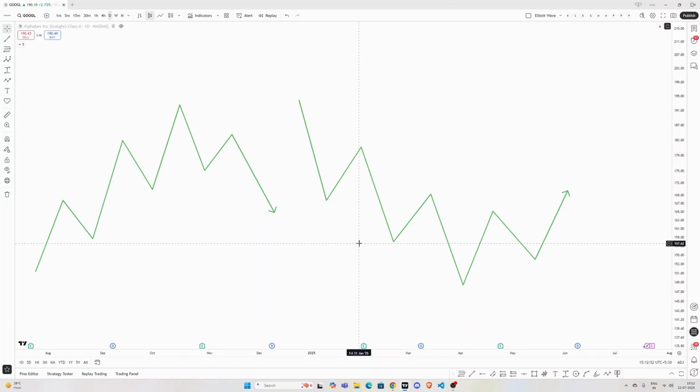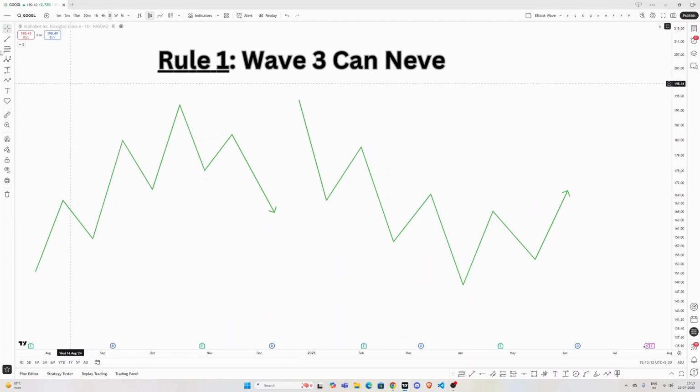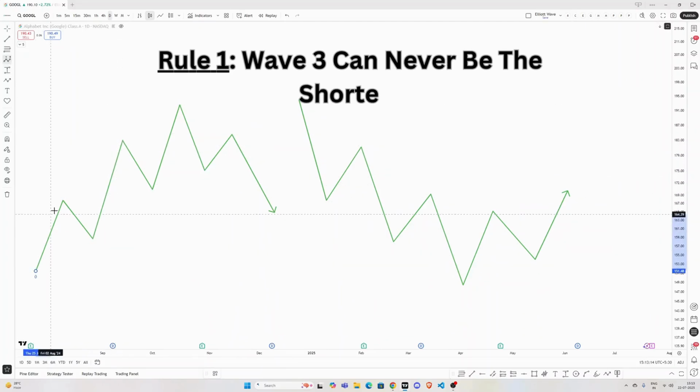Now there are some rules that must be followed when working with Elliott waves, and there are 3 rules which have to be true for a structure to be called a valid Elliott wave structure, right? The first rule is about wave 3. Let me mark them. So this is 1, 2, 3, 4, 5.